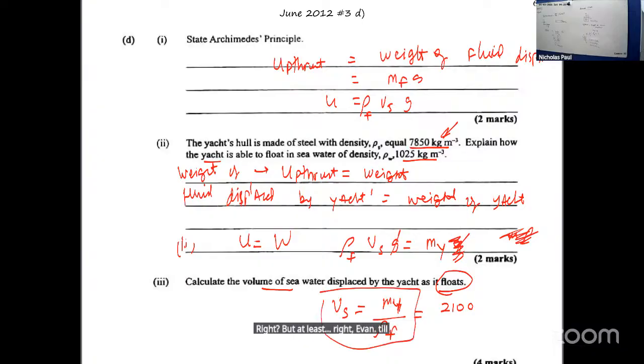So the mass of the yacht is 2100 and the density of the seawater is 1025. When you divide 2100 by 1025, you get 2.05. I think it was somewhere around there.